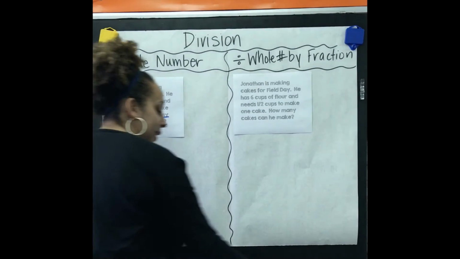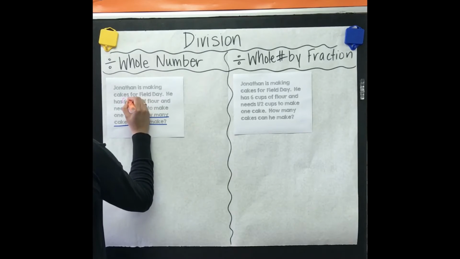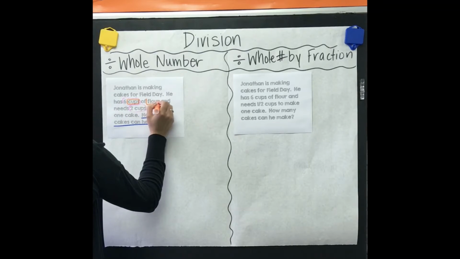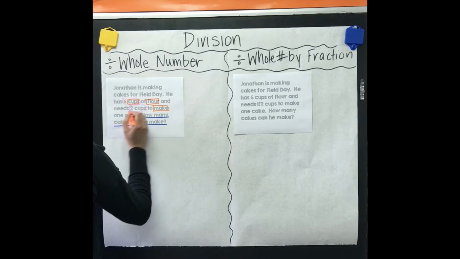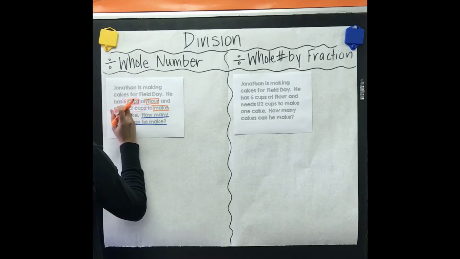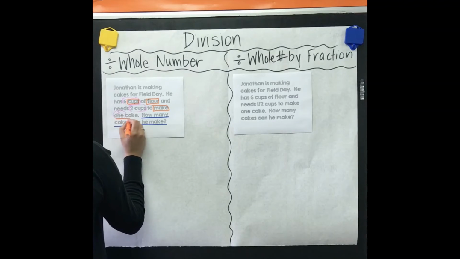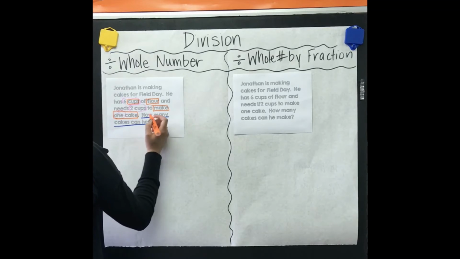We're going to B, box any clue words: cups, flour, make, cake, can he make.